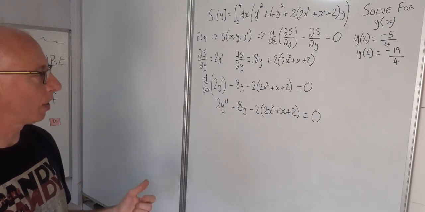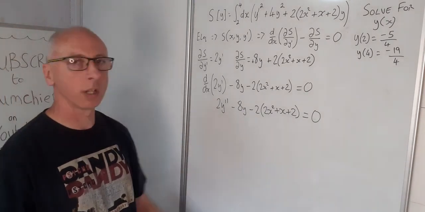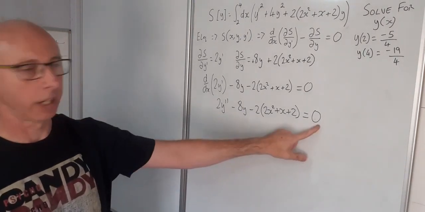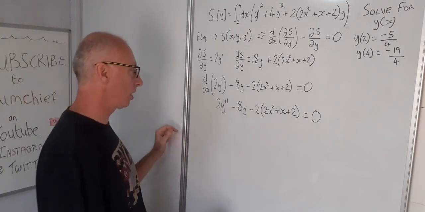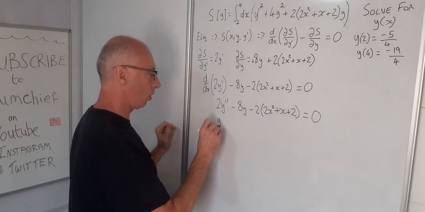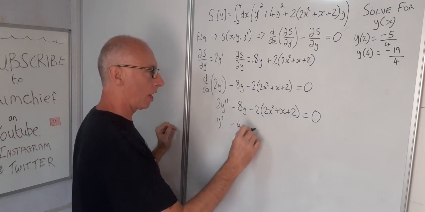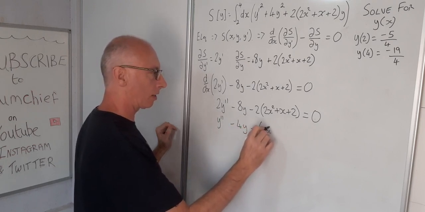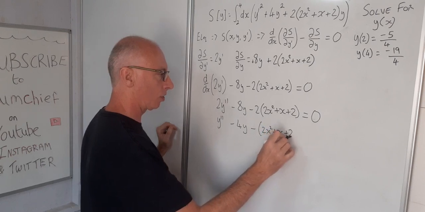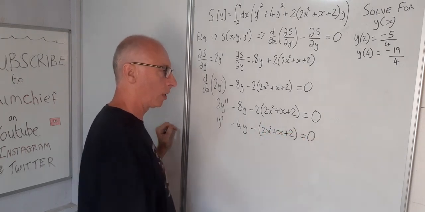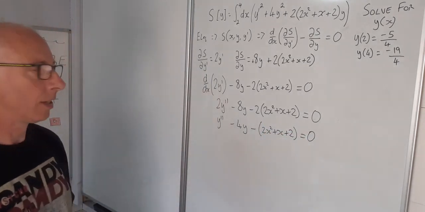Just a little bit of simplification. We can divide all these terms by 2, including the 0, which obviously is not going to change. So then we're left with y double prime minus 4y minus the quantity 2x squared plus x plus 2, and we can set that to 0.